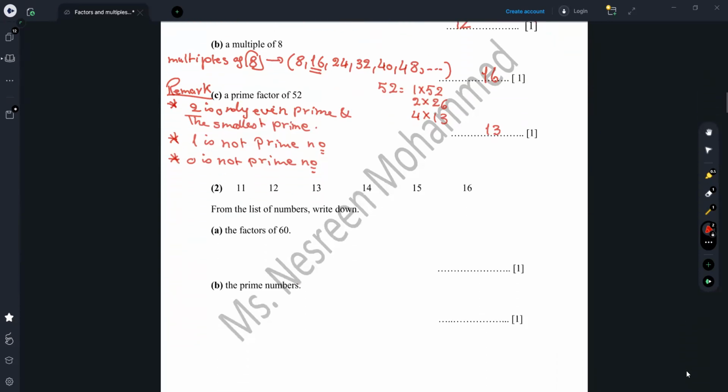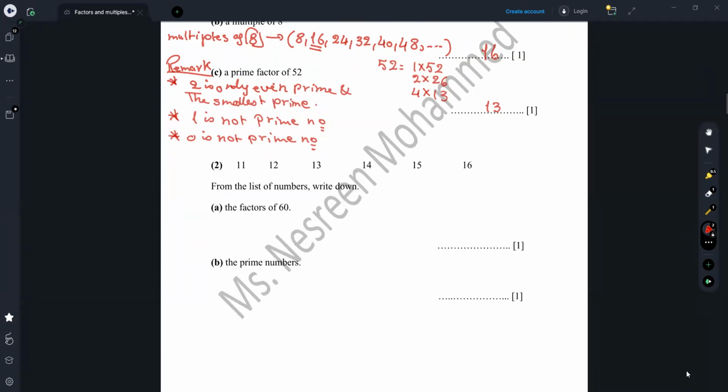Okay. Let's come here. From the list of numbers, write down the factors of 60. In order to solve this one, I will list all the factors of 60 and choose which factor of 60 is included in the list. We will say 60 equals 1 multiply 60, 2 multiply 30, 3 multiply 20, 4 multiply 15, 5 multiply 12, 6 multiply 10.